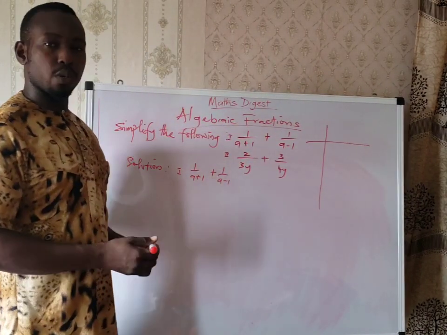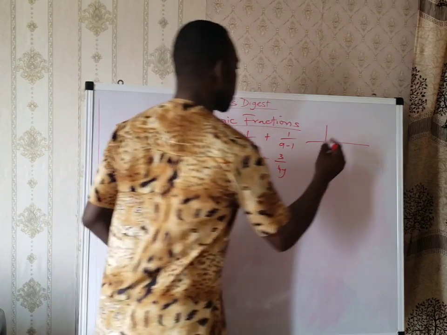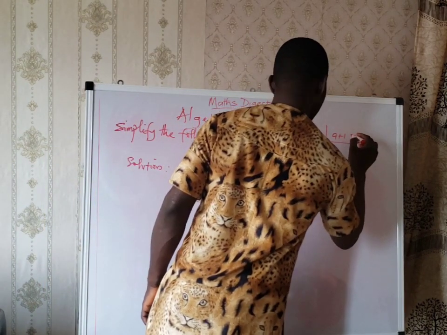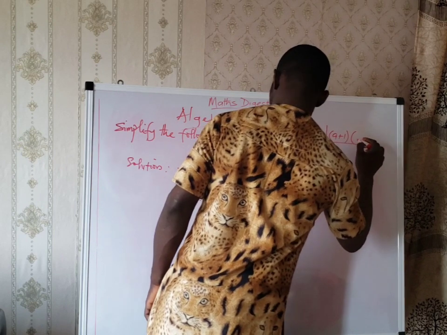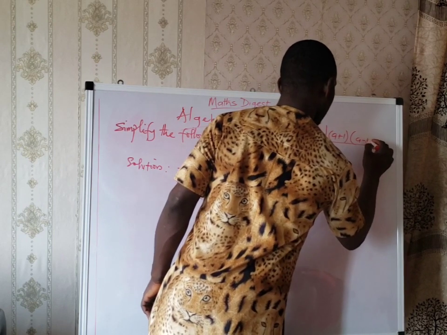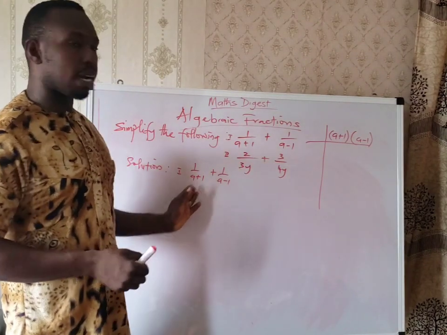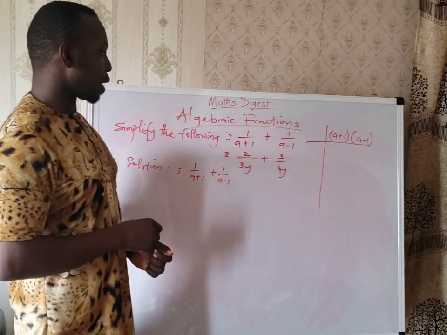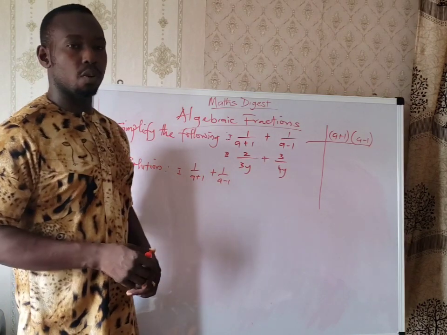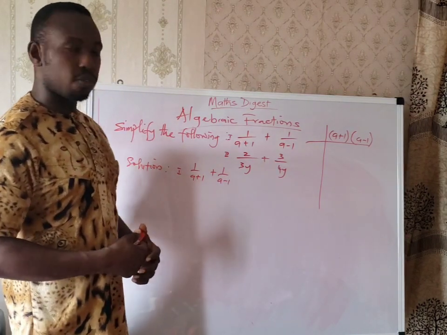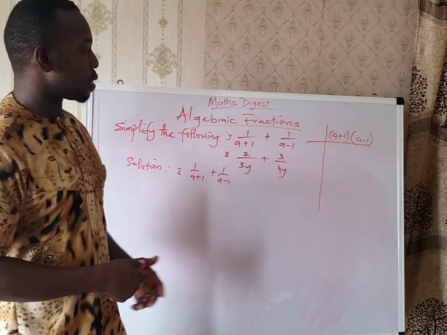Those denominators you wish to find the LCM of, you take them to the table. Though you can only do this if they are not the same. If they are the same, you can use one of them as the LCM. But since the sign in the middle differs, we take them as separate entities.